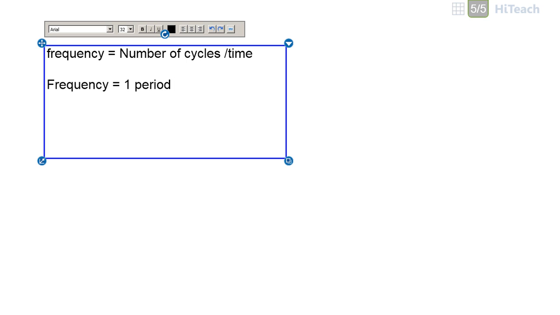What is the unit of a frequency? Hertz. Is it clear now?